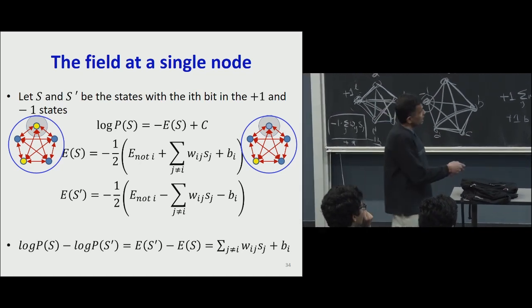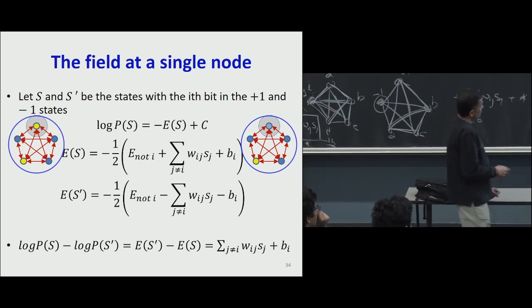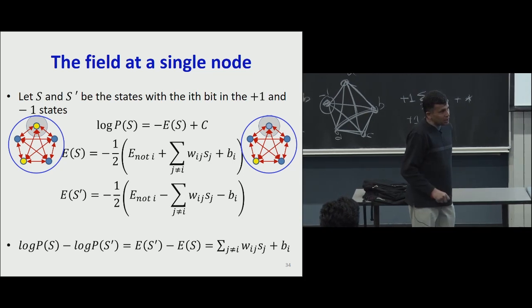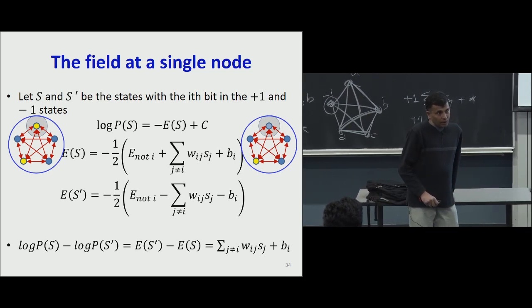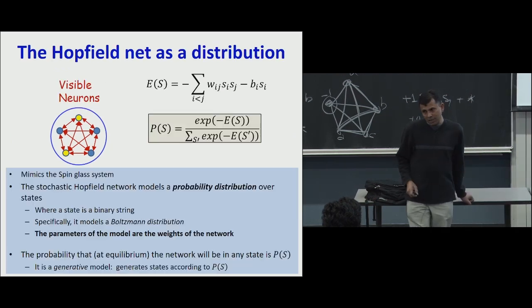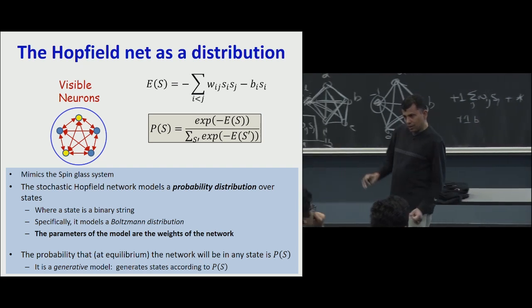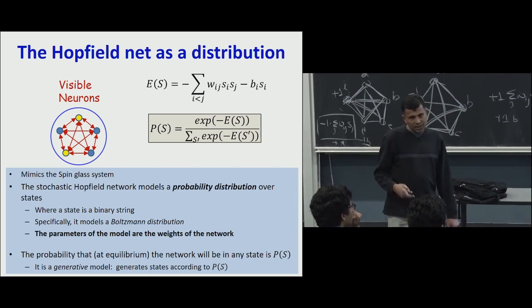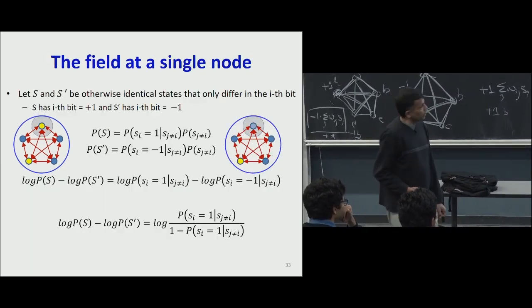The log of the probability for any state is simply, as we saw from here, the negative of the energy for the state, right? The denominator is the same for the two, so the denominators will go away.